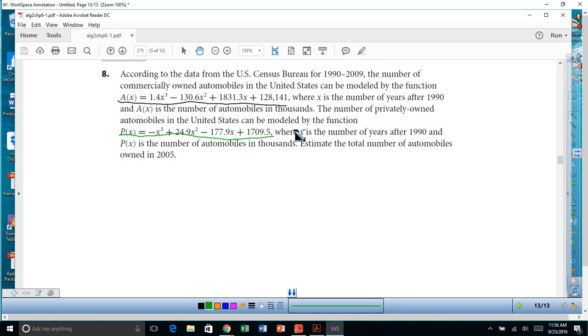Estimate the total number of automobiles owned in 2005. So A is the commercial, P is the private.